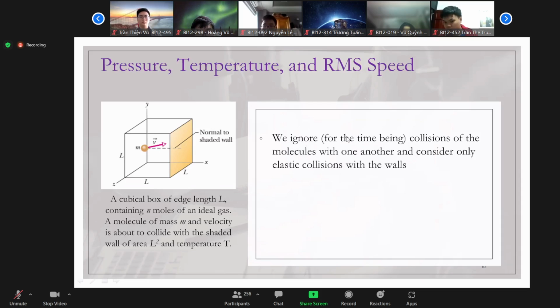So to develop the relationship between the pressure, temperature, and the speed, we do it step by step. Firstly, we consider the movement of only one particle.